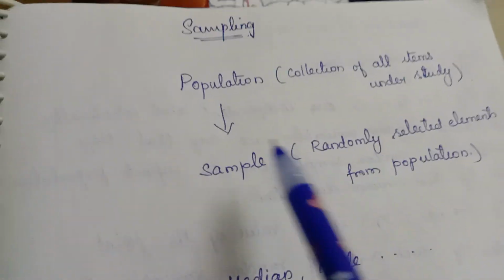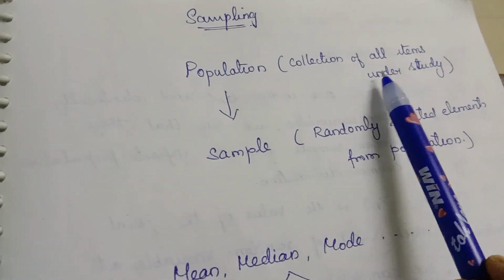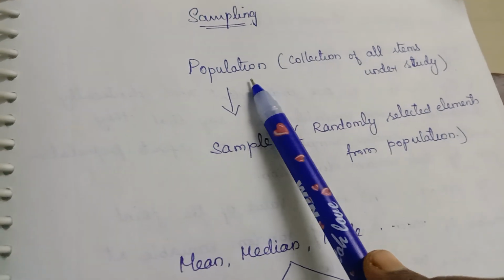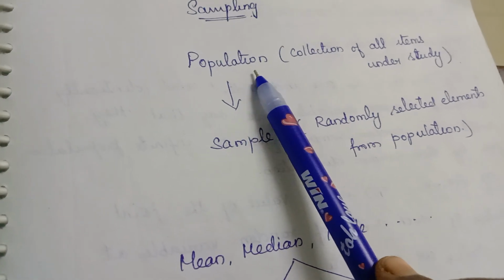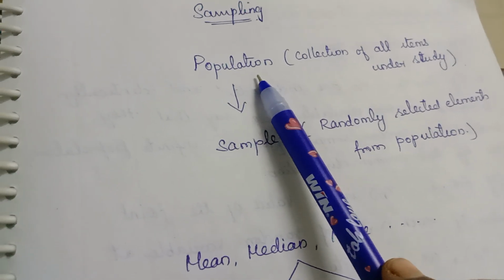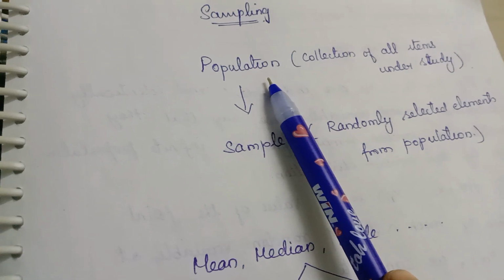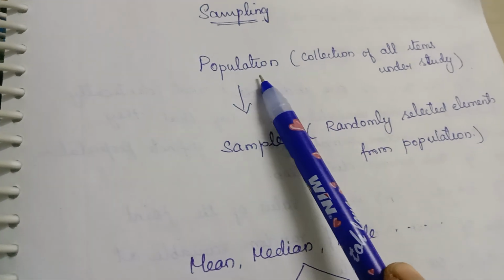The first one is population. Population means the collection of all items under our study. Suppose you are dealing with the results of class 10 students in a particular state. The collection of all class 10 students who have written their exams will constitute the population.